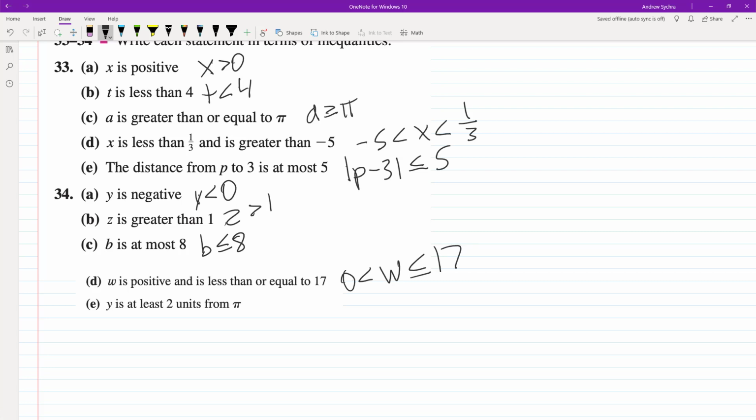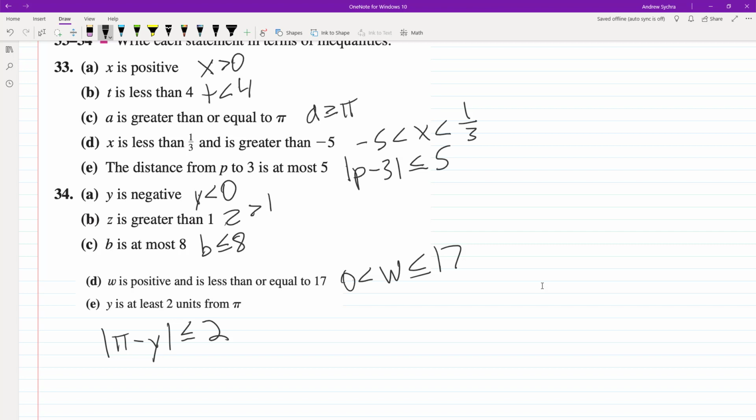Y is at least 2 units from pi. The reason for this is because when you subtract, so let's say y is 2, you subtract 2 from pi, or whatever y is, you subtract from pi, you'll get that result.